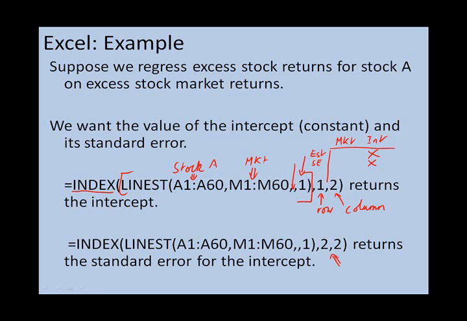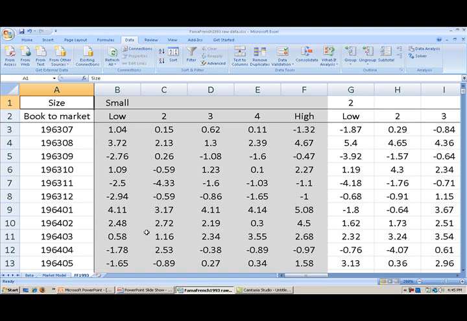Now let's go to Excel and test the CAPM. In this sheet, we have data for the 25 portfolios that Fama and French used in their 1993 study. We have some titles along the top to help us understand what we're looking at. In the first 5 columns, we have the smallest firms.